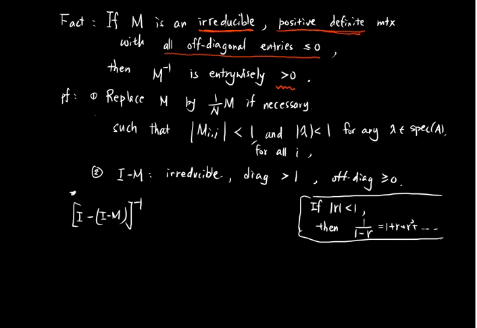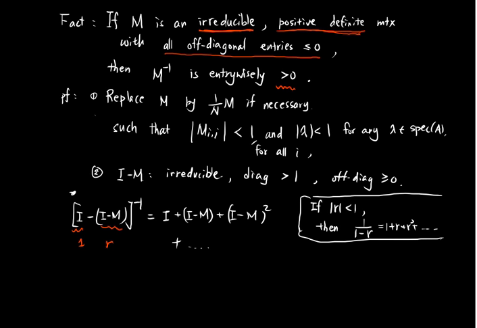You just think of this as 1, think of this as r, and think of the inverse as 1 over 1 minus r. So this follows the same formula, and it looks like I plus R plus R squared plus R cubed, and keep going.